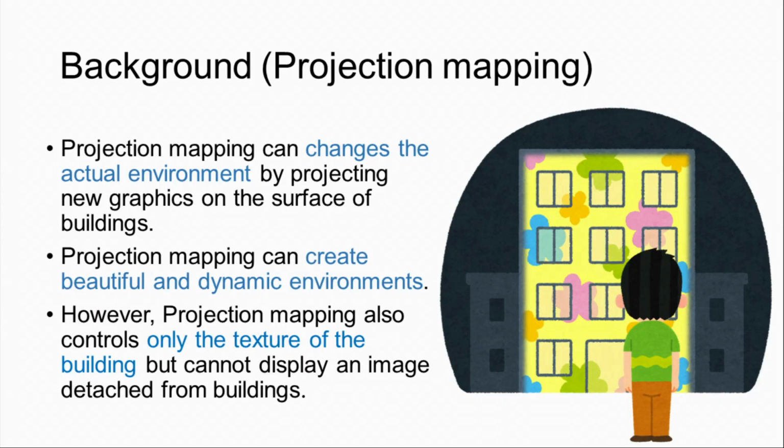Projection mapping can change the actual environment by projecting new graphics on the surface of buildings. However, projection mapping also controls only the texture of the building, but cannot display an image detached from buildings. With the proposed system, we aim to present information in a place away from buildings.